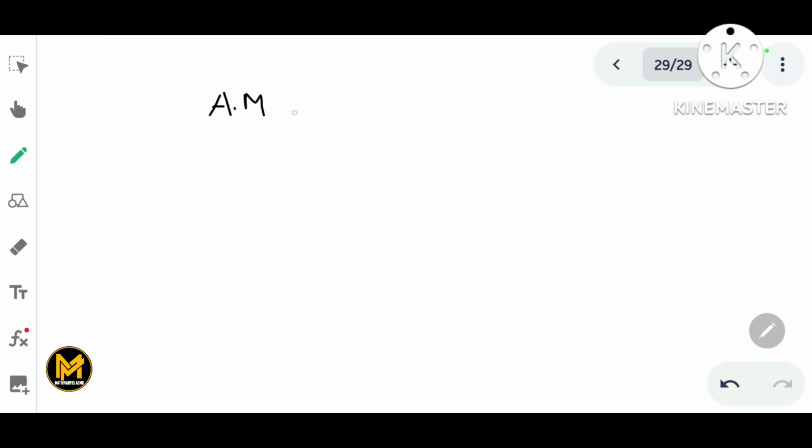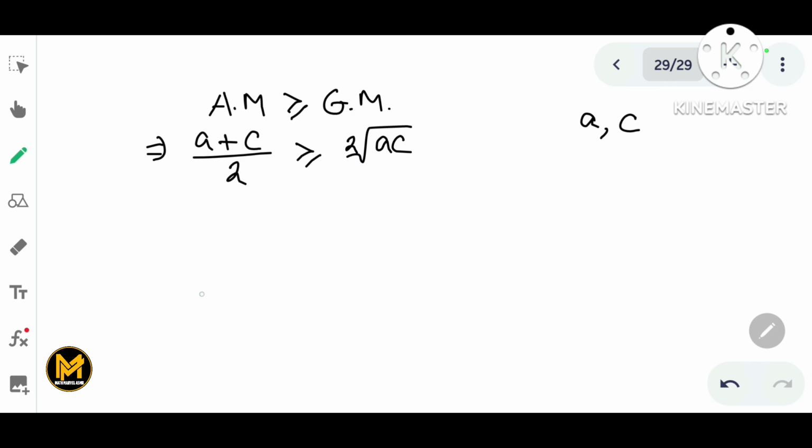Now remember an important inequality, that is AM is greater than or equal to GM, that is, arithmetic mean is greater than or equal to geometric mean. The equality holds whenever the two terms are equal. So here we will take the terms as a and c. Then AM of a and c is (a plus c) by 2, which is greater than or equal to GM of a and c, square root of ac.